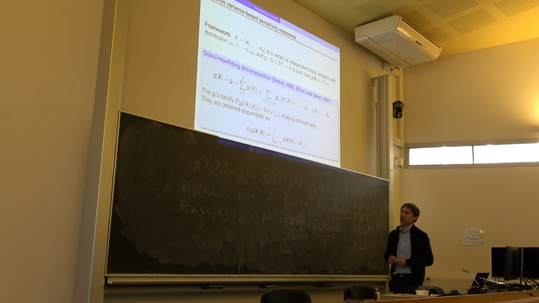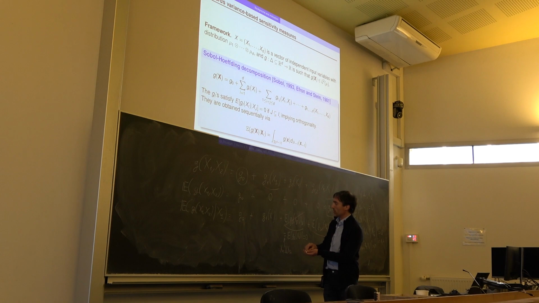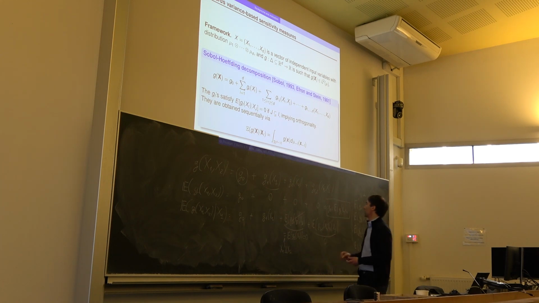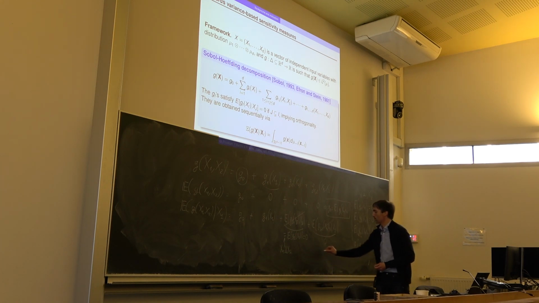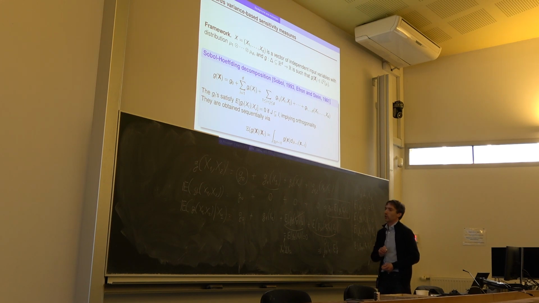So finally, I get that g1 of x1, sorry, is the conditional expectation of g minus the constant.